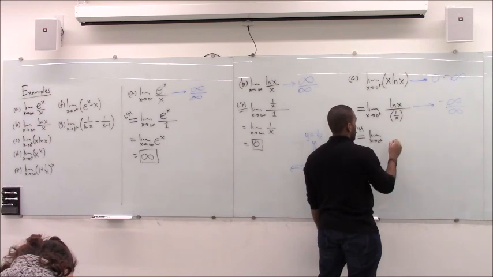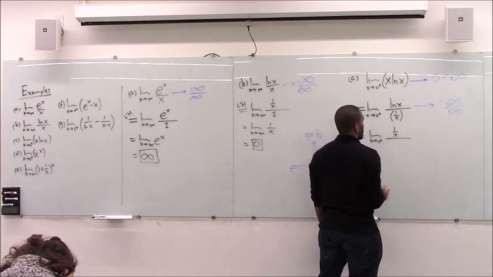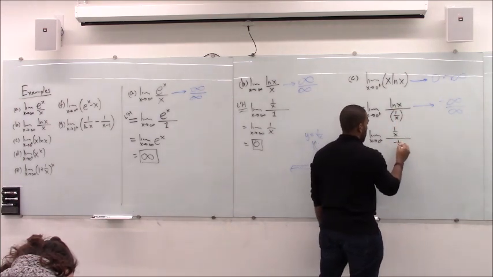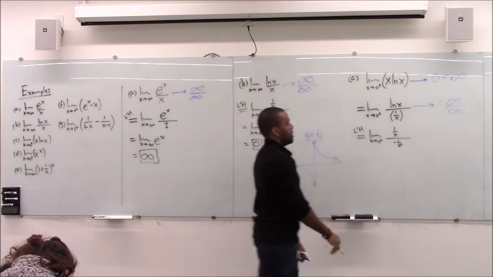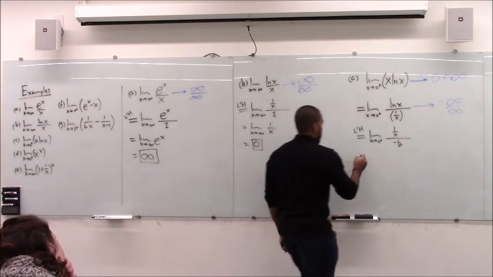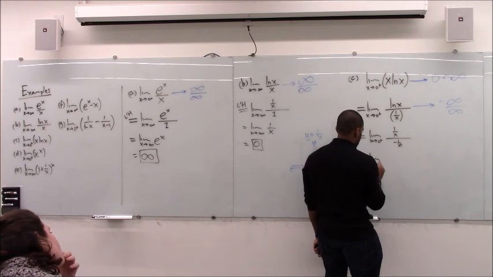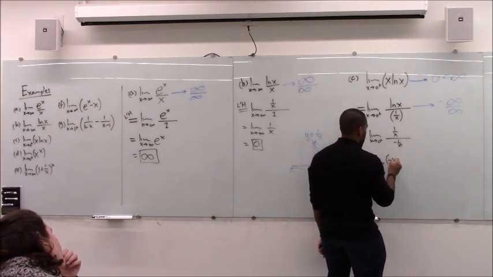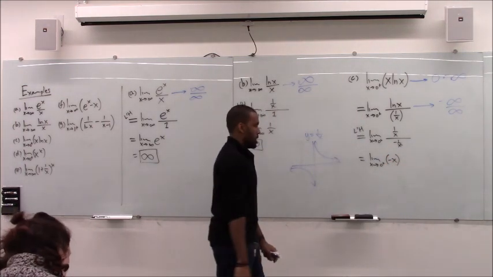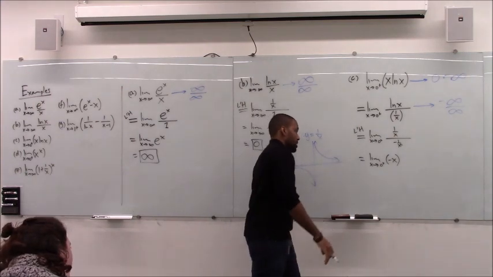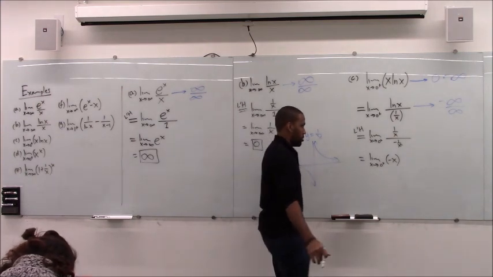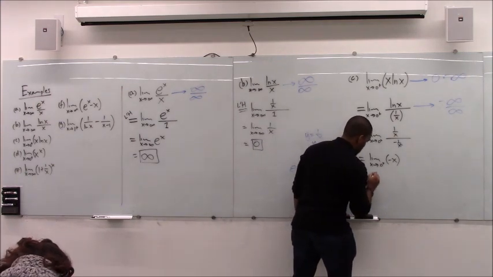I'm going to differentiate the top, which gives me 1 over x, over the derivative of the bottom, which is minus 1 over x squared. I can simplify this, keep, change, flip. That's minus x. And now, what does minus x approach as x approaches 0 from the right? Well, it approaches 0.